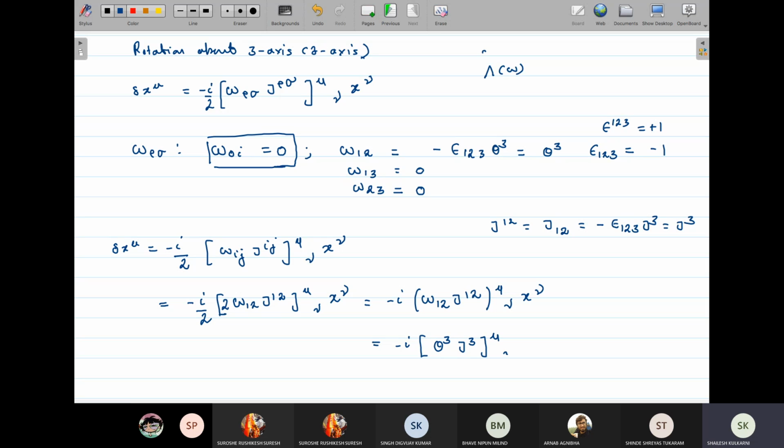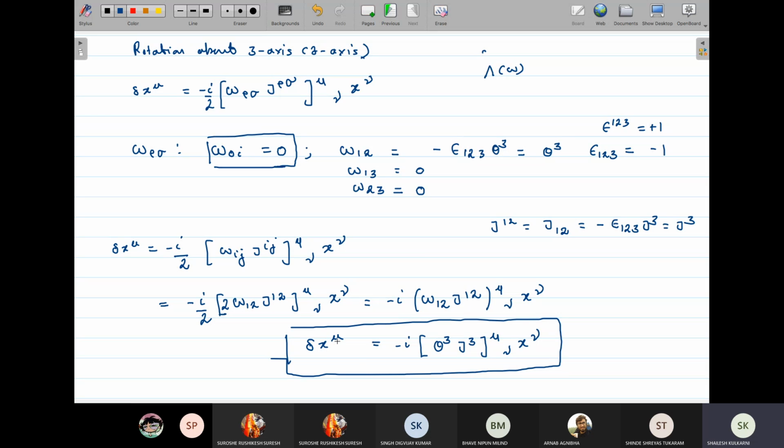And mu nu x nu. So delta x mu is basically this. This gives us how the coordinates transform, the change in the coordinates under the rotation about the z axis.